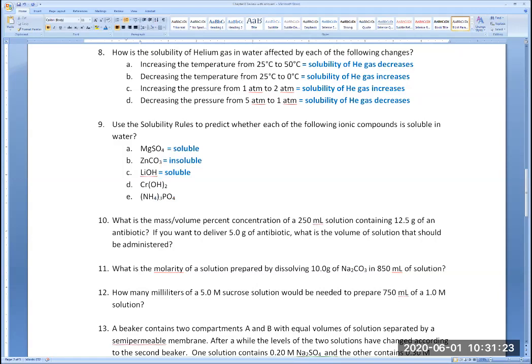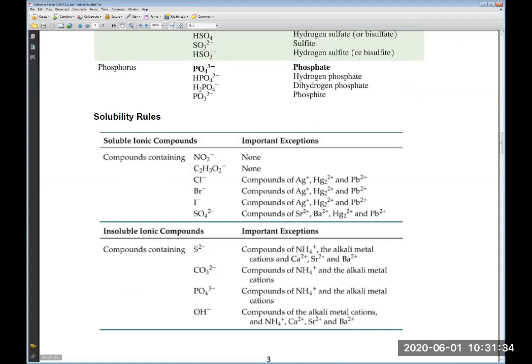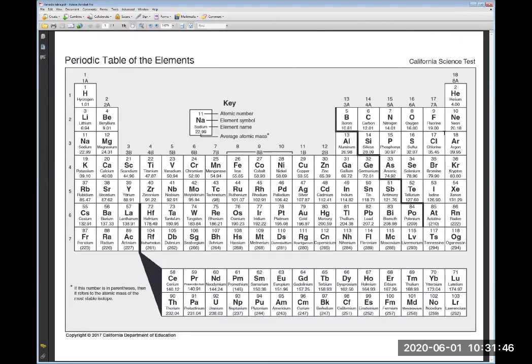The reason is that OH minus typically makes ionic compounds that are insoluble, so it's part of the insoluble group, but then Li is part of the exceptions. It's an alkali metal. If you look at the periodic table, Li is one of those group 1A metals.